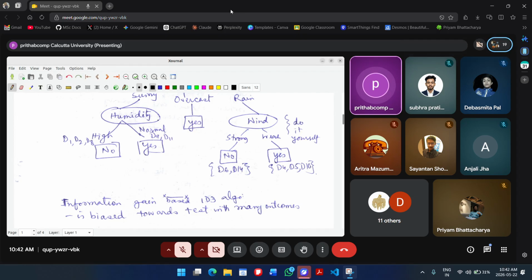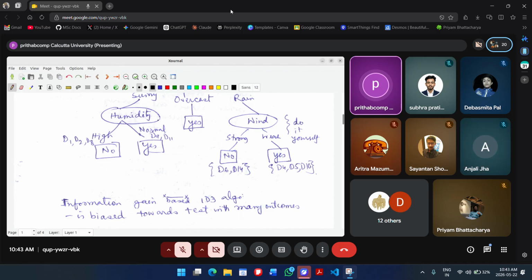The information gain measure is somewhat biased towards test sets with many outcomes, meaning that if instead of yes/no there are too many categories, too many classes, then it is biased towards such a thing.